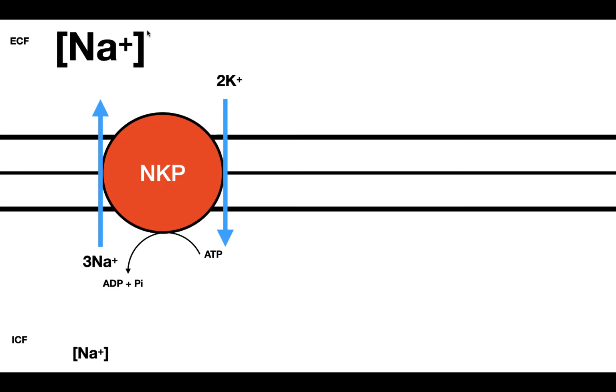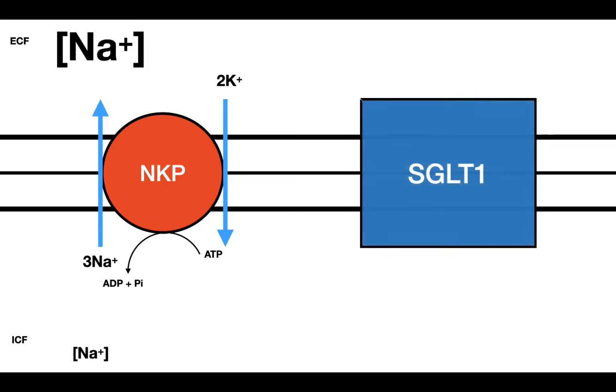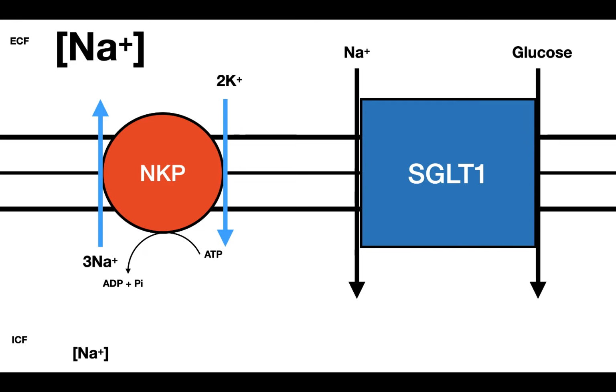A prime example of a symporter or cotransporter inside the cell is a specific transporter called SGLT1. What SGLT1 does is bring 1 sodium into the cell and along with it 1 glucose. How is it doing this?